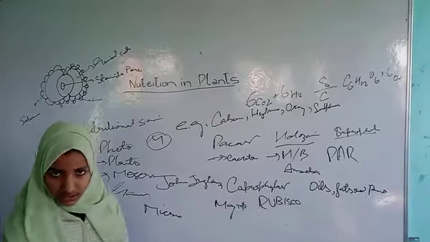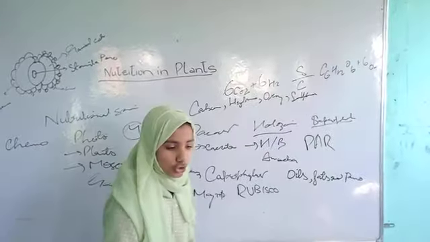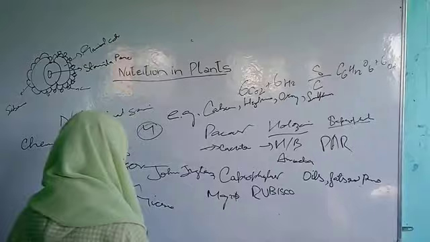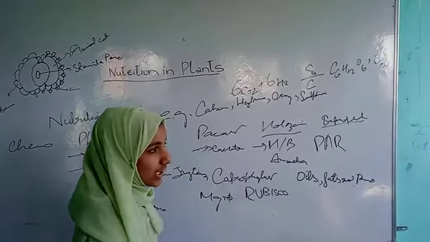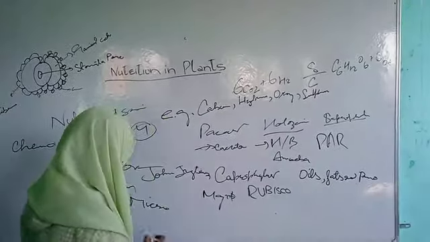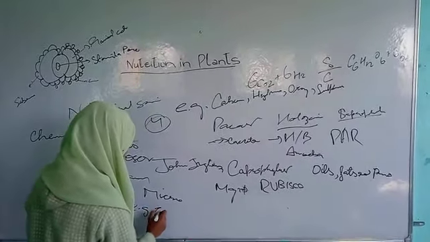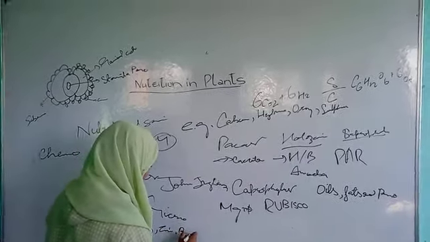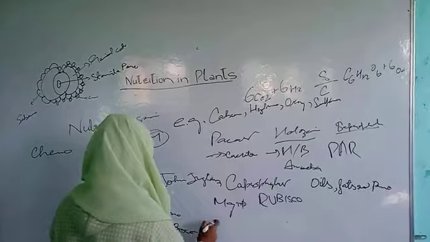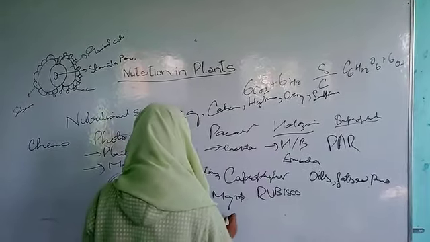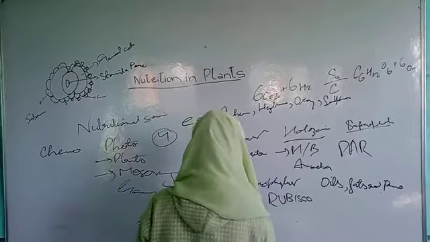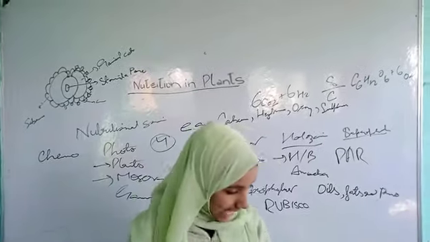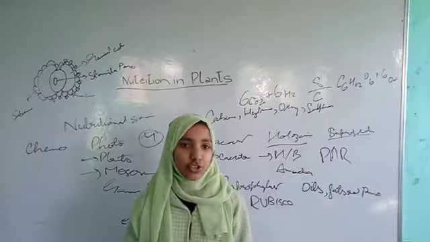Micro is the opposite, and these are those nutrients which are required for plants at the rate of less than 10 mg/kg dry weight. And its examples are zinc, boron, magnesium, copper, etc. And next are essential and non-essential nutrients.